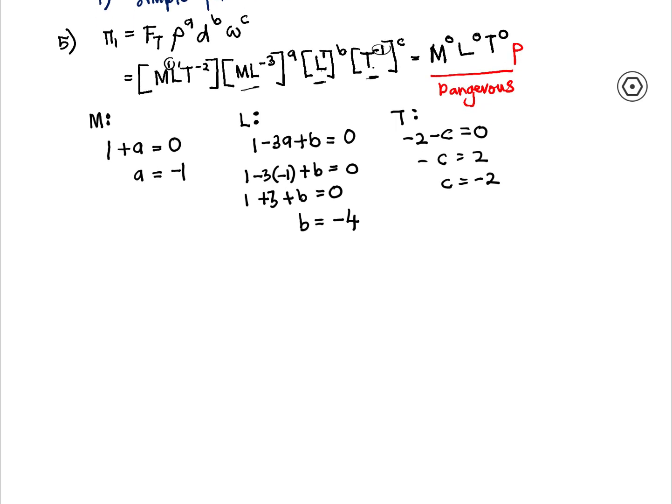Then substitute the values for A, B and C into this equation. So pi 1 equal to Ft, rho to the power of minus 1, the diameter to the power of minus 4, and omega to the power of minus 2. So your pi 1 would be Ft over rho d to the power of 4 omega square.